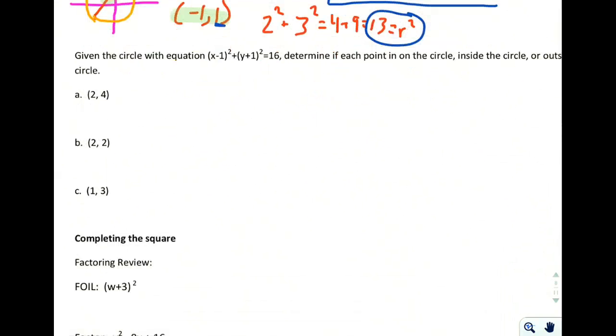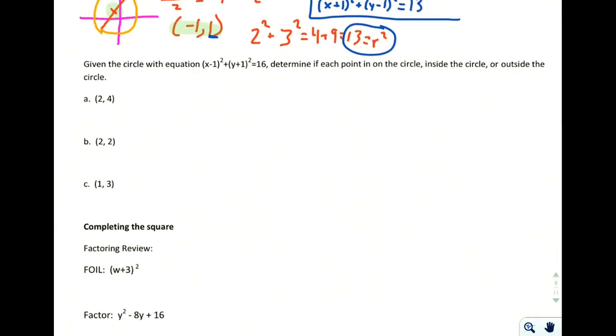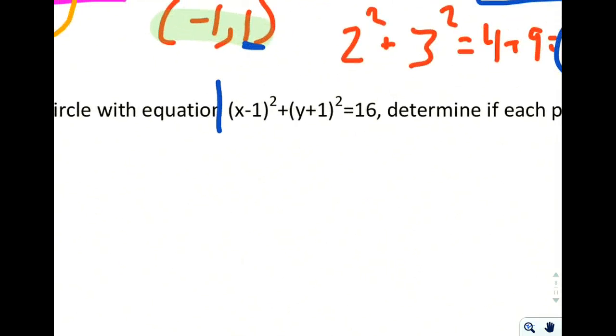Below that, we're given a circle with this equation, and we need to determine if each point is on the circle, inside the circle, or outside the circle. The way you do that is by looking at just the first part of the equation here and plugging in your point. If the value of this is equal to the number on the outside, in this case 16, then you know you found a point on the circle.